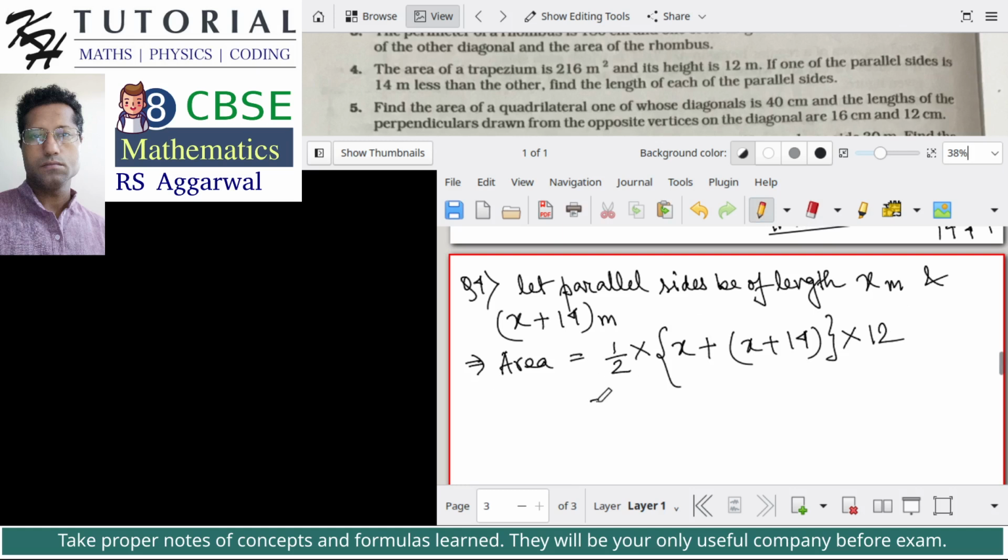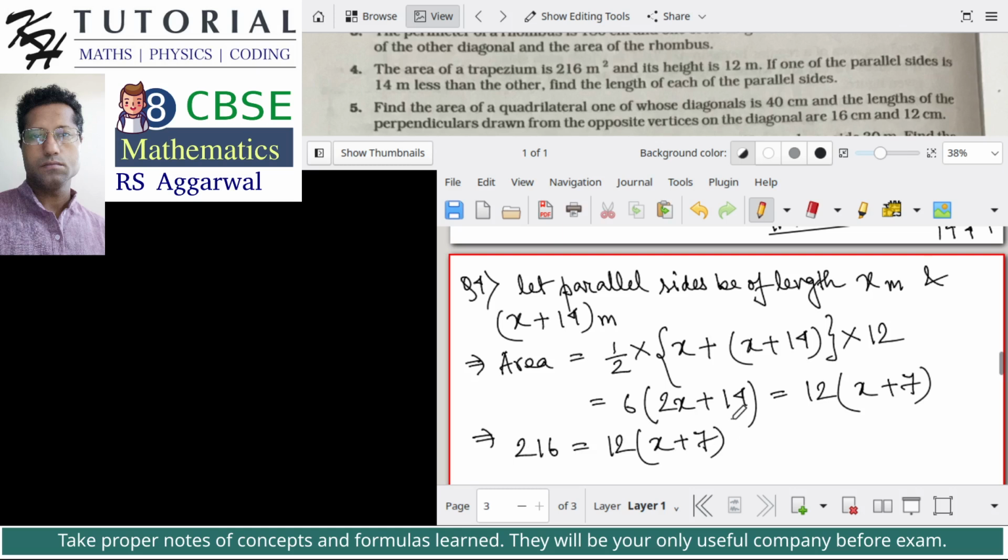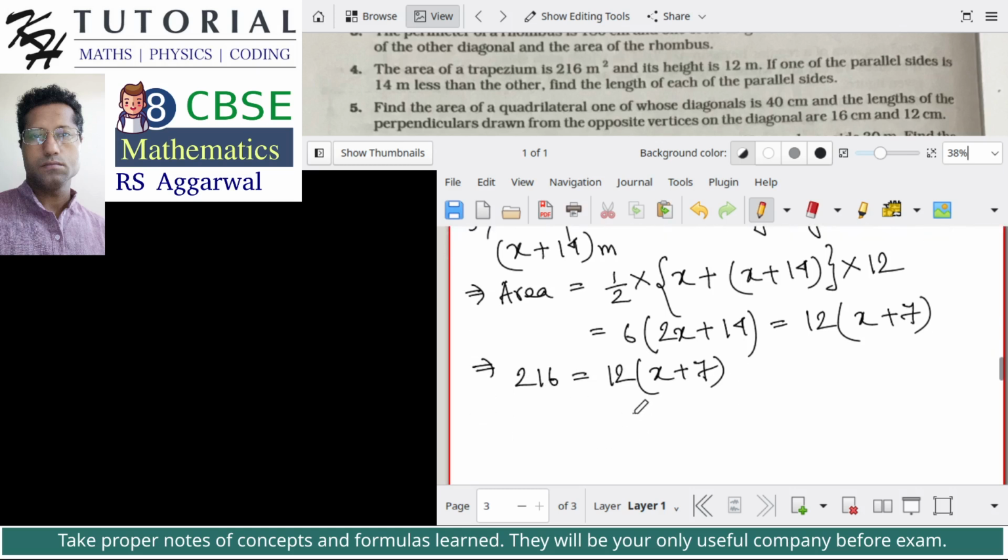This is equal to, 2 cancels 12 with 6, and inside we have 2x plus 14. From the expression 2x plus 14, we can take out 2 as common, and we will have 12 multiplied by x plus 7. Now the area of the trapezium is given to be 216 meter square. So we have 216 is equal to 12 multiplied by x plus 7. So this is a linear equation in x. We can easily solve for x.